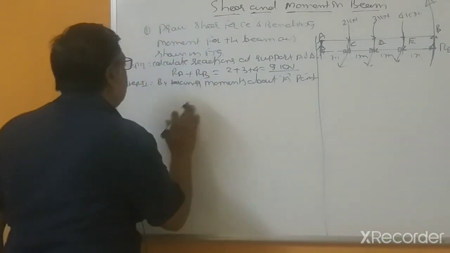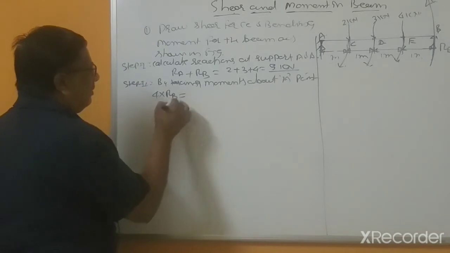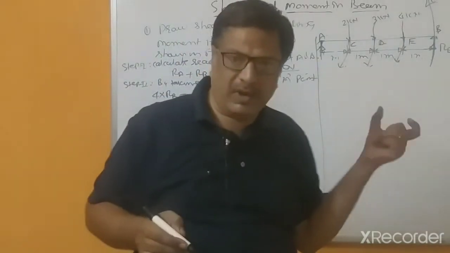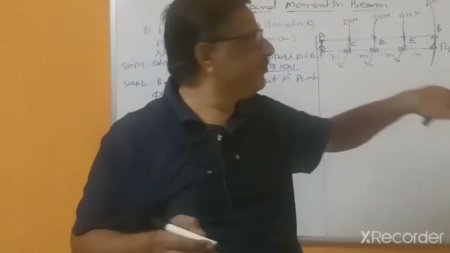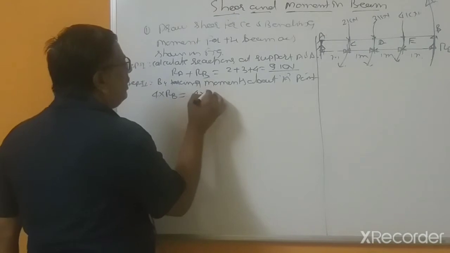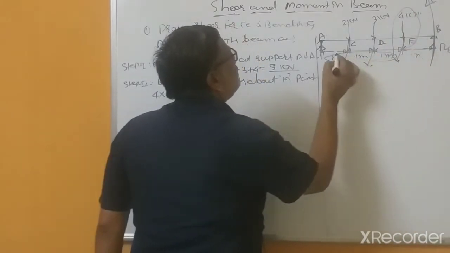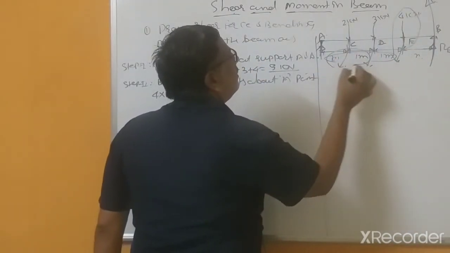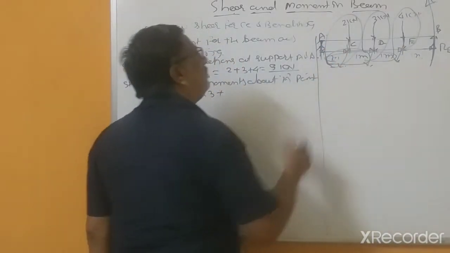So we can consider 4 into RB, an anti-clockwise moment, and for equilibrium this is balanced by the three moments, that is 4 kilonewton multiplied by a distance of 3 meter, and this is second, and this is first.